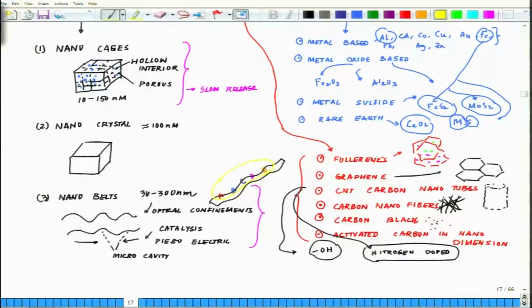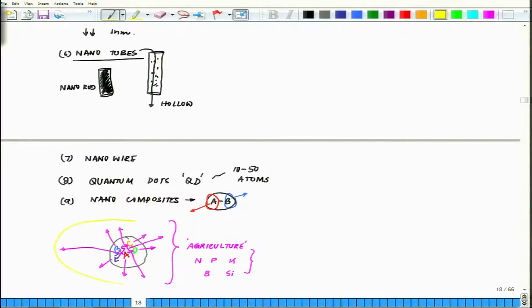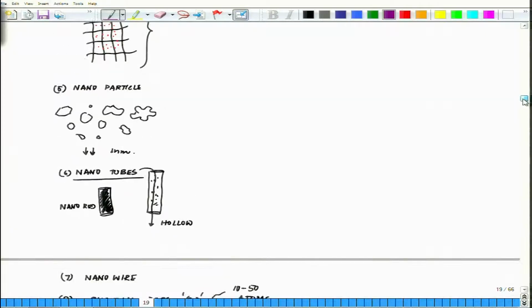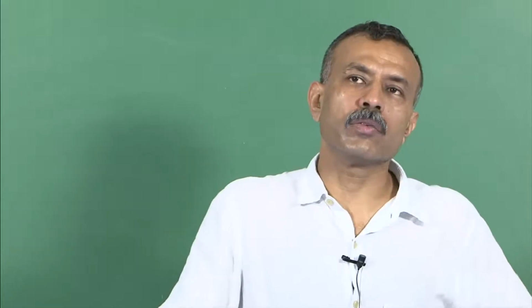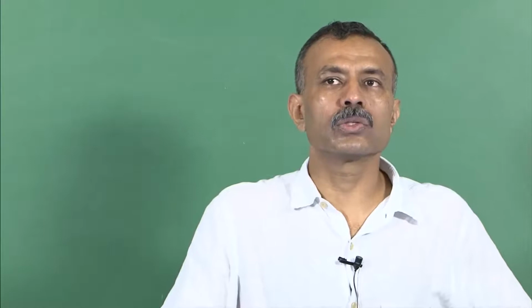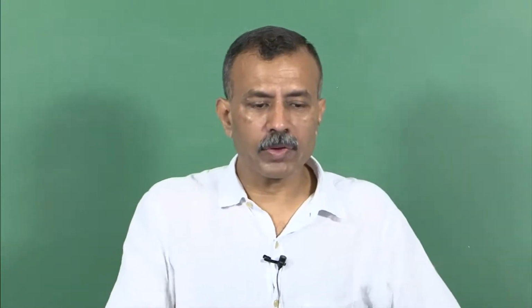Similarly, when we talk about nanocomposites, say your core composite is carbon, and on top of carbon you are doing all these kinds of decorations, say nitrogen, phosphorus and so on. It is possible, but of course, one has to ensure that when we are functionalizing the carbon like this, the functionalization leads to easy delivery, when exposed to the site of delivery, without much problem. So, that is very critical.